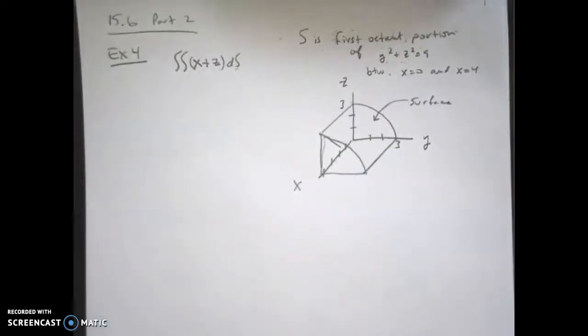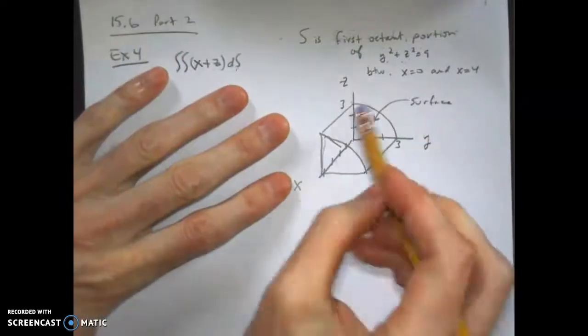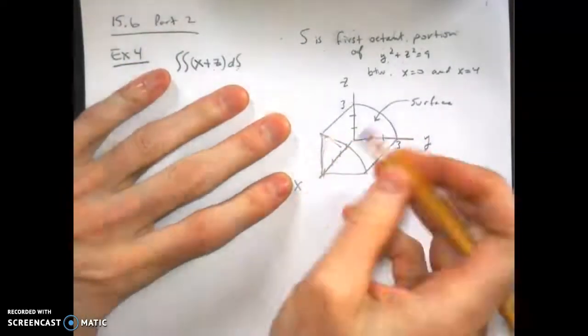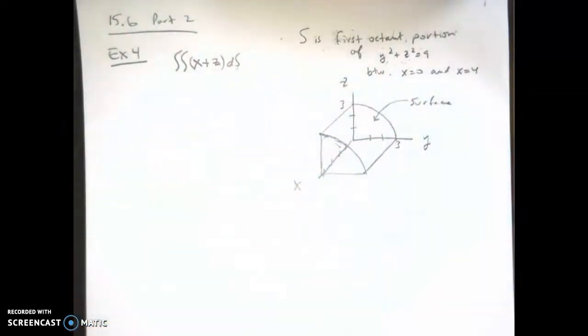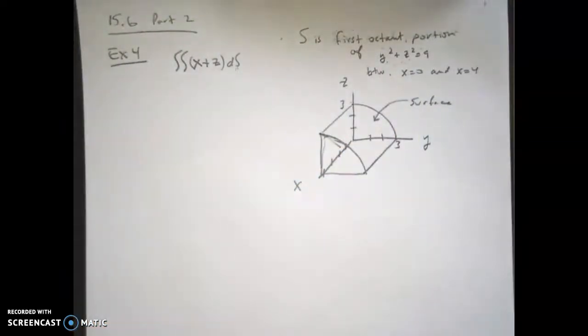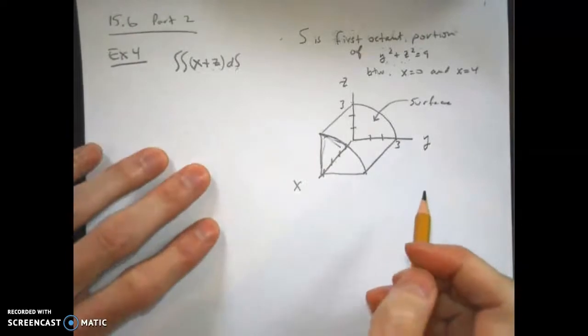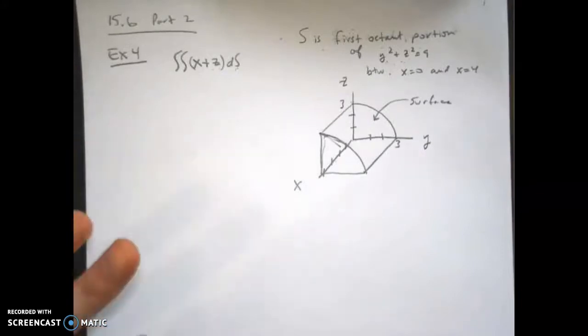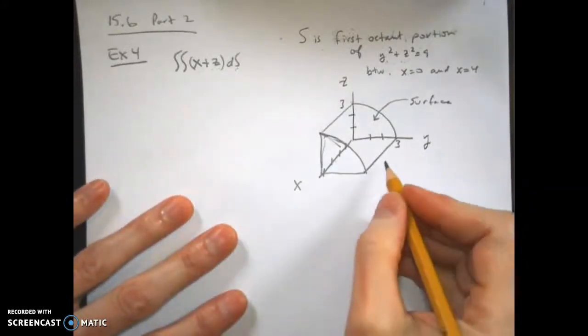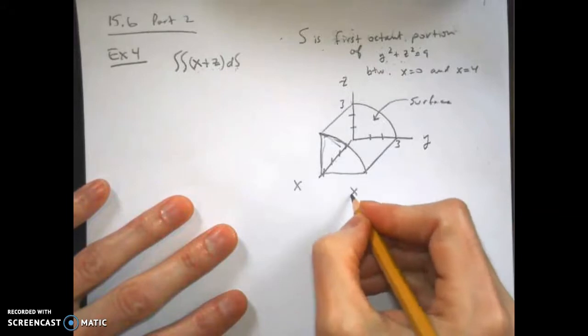Now, in order to define this surface, there are a couple of ways we could do it. We could define z as a function of x and y. Or we could define x, y, and z in terms of any two parameters we want. I would suggest x would just be x.